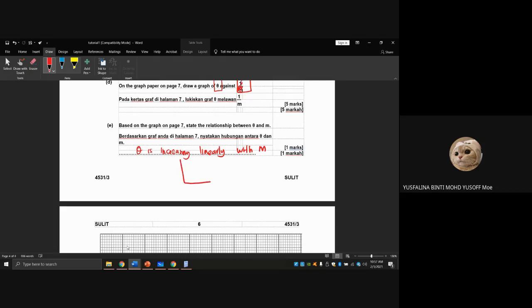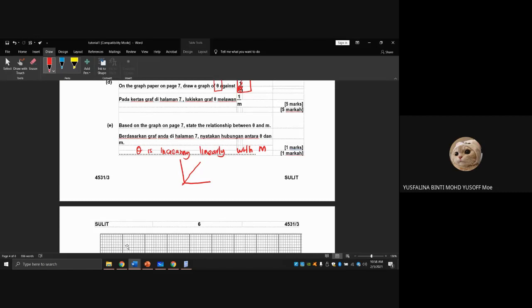If it passes through the origin, then you can use directly proportional. Never ever say when theta increases, m also increases. I'm sure later some of you will use this as a relationship. No, in physics that is a hypothesis. For the conclusion or relationship of the graph, you can only use increasing linearly, directly proportional, decreasing linearly, or inversely proportional. That's all.